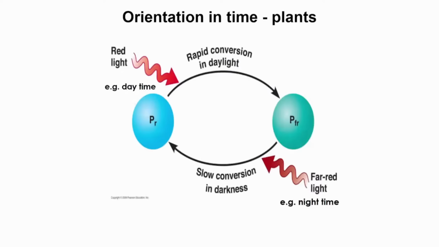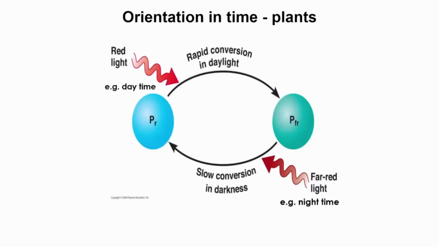So pretty much there's a pigment called phytochrome. There's phytochrome that exists in two forms, phytochrome red and phytochrome far red. Now, the really interesting thing is the pigment can change between the two. So phytochrome red can change into phytochrome far red, and phytochrome far red can change back to phytochrome red.